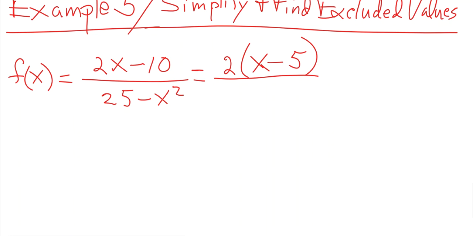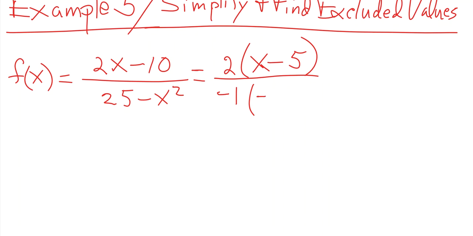The way we deal with it is we factor out a -1. Watch what would happen if I factor out -1, all right? If I do that, then -1 times what equals positive 25? A negative times a negative gives a positive, doesn't it?